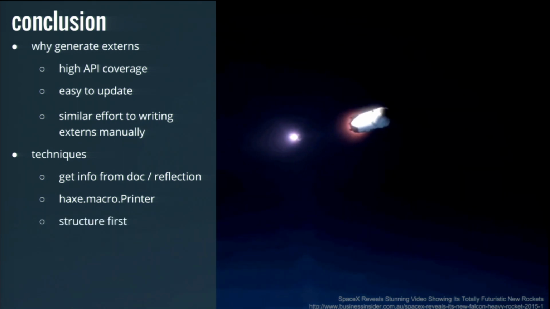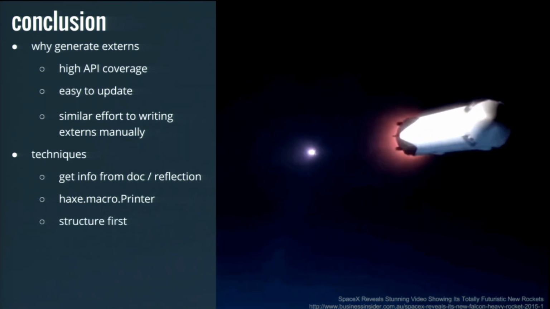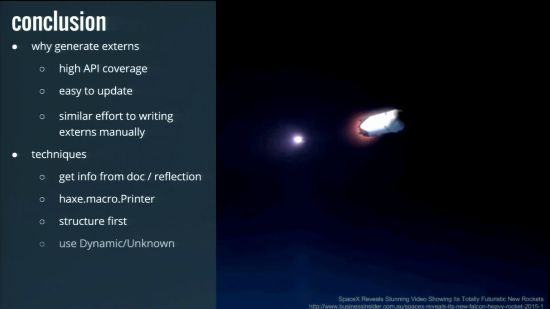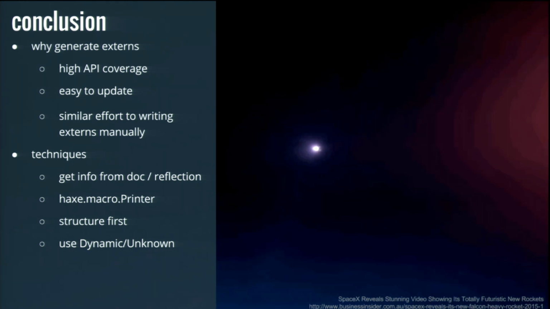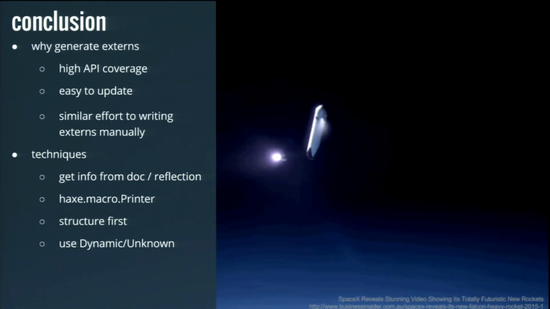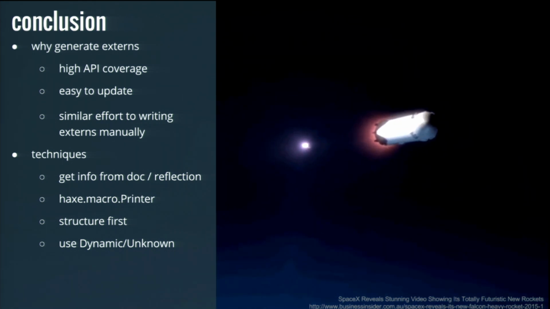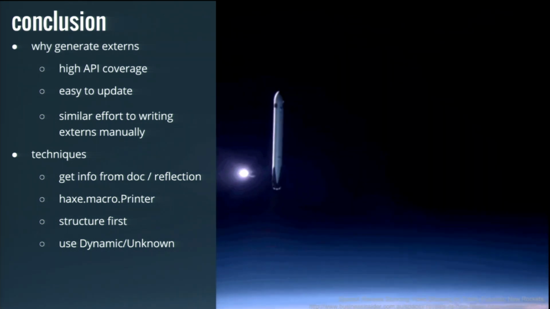And the approach we use is to have the structure right first. We can just output Dynamic for everything that we are not sure about at the early stage. And then later, when we have time, we can refine it with more accurate types.